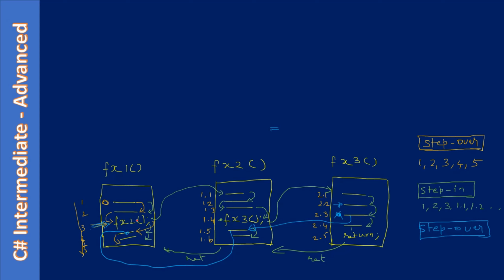We saw how the step over option executes the called function completely. Then we looked into step into, that means we step inside the called function. Then we looked at step out. Step out means when we make a call to step out, we execute all the remaining statements in that function. Then we step out of that function, thereby reaching the next statement in the calling function.